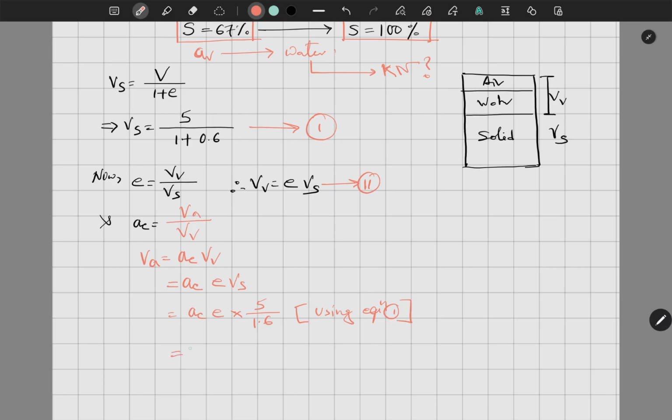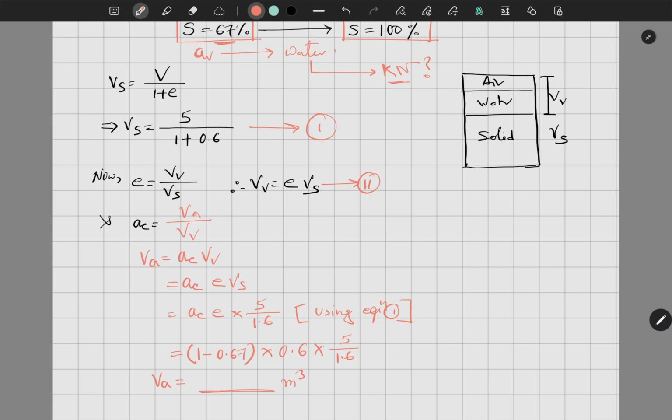Now just put the values. Air content is what? 1 minus 0.67, so air content is 0.33 as mentioned here, into volume of void, 0.6 into 5 by 1.6. This will be in meter cube, and it will be the volume of air. Whatever quantity comes, that is what will be replaced by water. So they asked me to find exactly that, so I have to see how much volume this is.